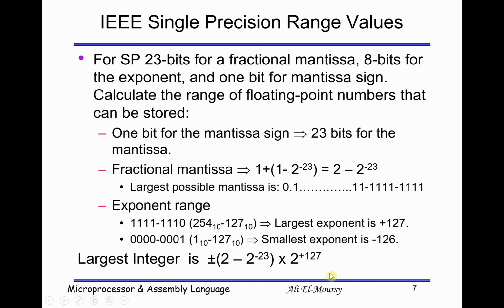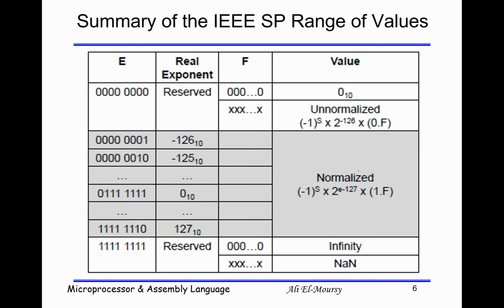So based on this, we now know that the reserved values for the exponent are either all zeros or all ones. Anything in between gives normalized numbers.